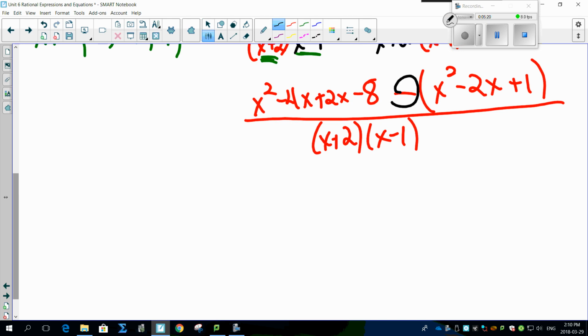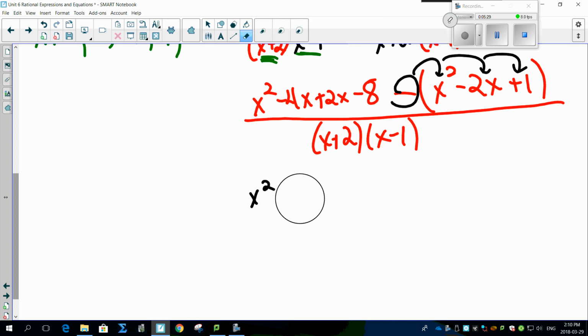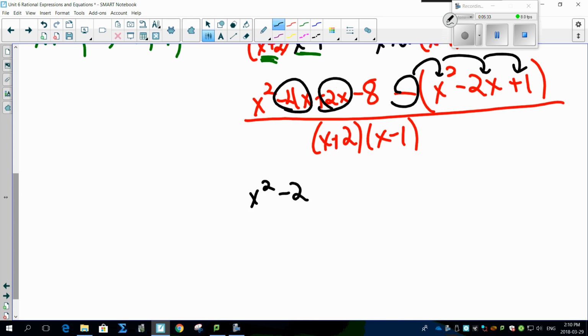Let's distribute that negative over everybody, making this x squared minus 4x plus 2x. Maybe let's clean that up right now. Minus 4x plus 2x is minus 2x. There's minus 8 from here. Perfect.